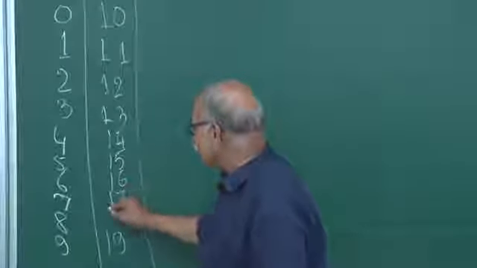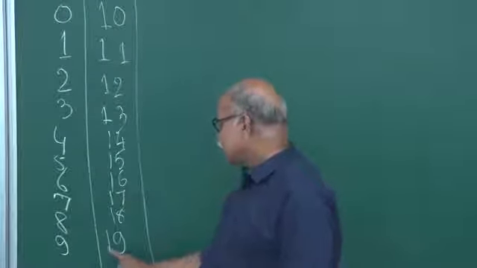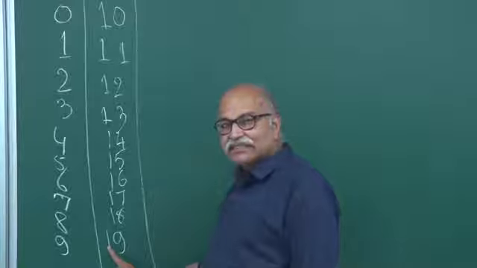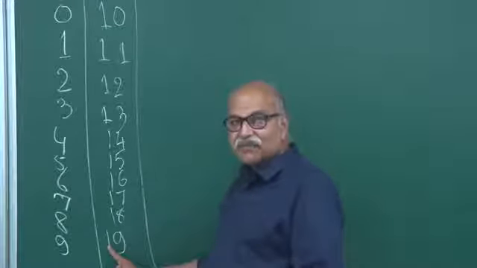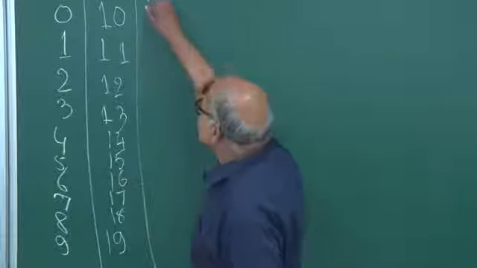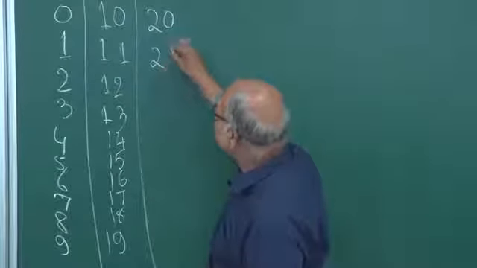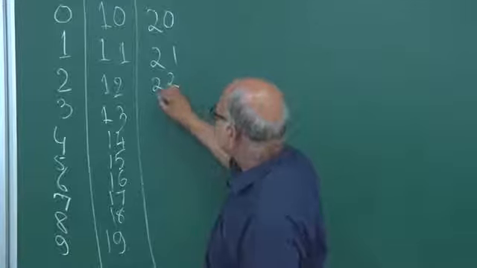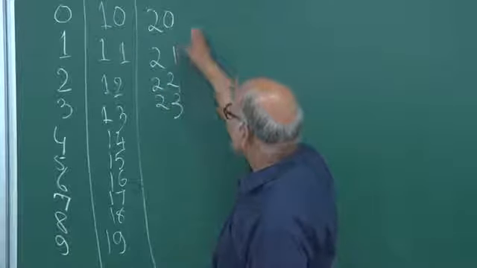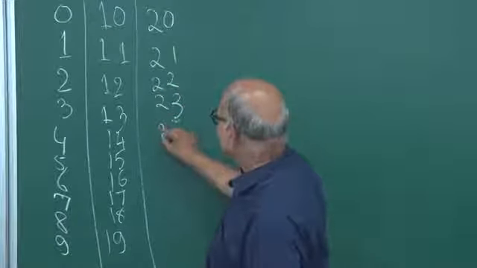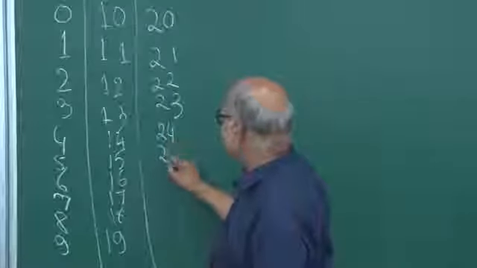Once you exhaust your symbols, you say that okay, now at this place I change the symbol, this 1 becomes 2, and then you start 2, and then this 2 remains here, and this digit called unit digit, that keeps changing, you increase that.